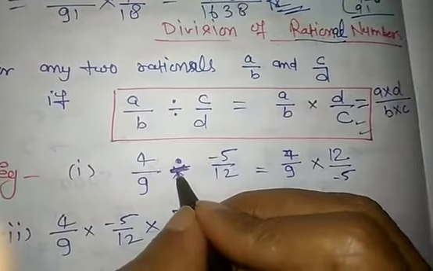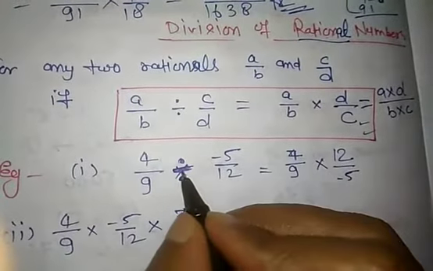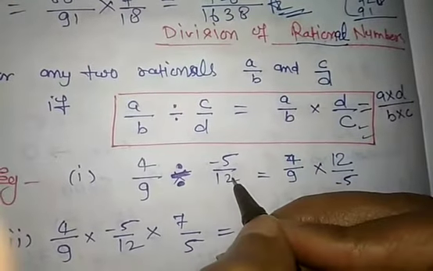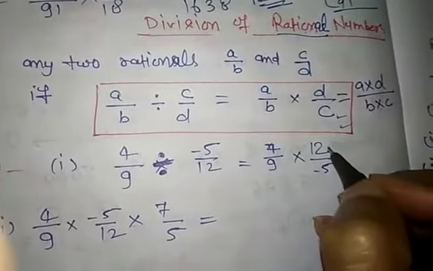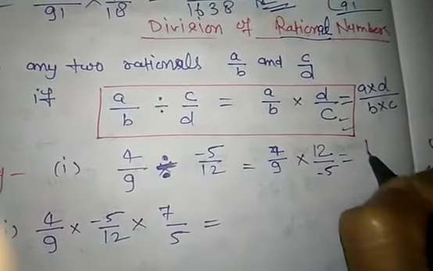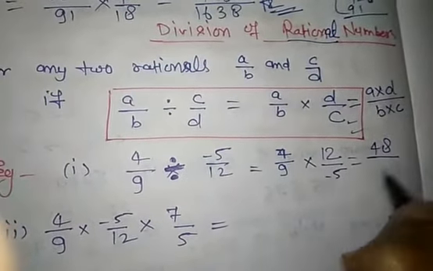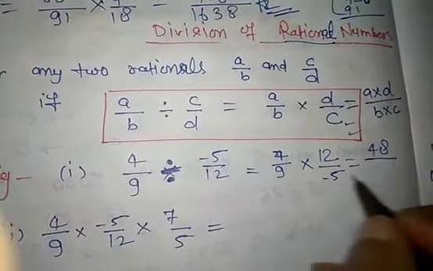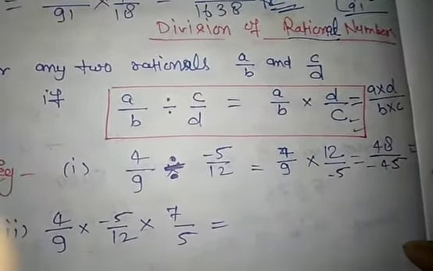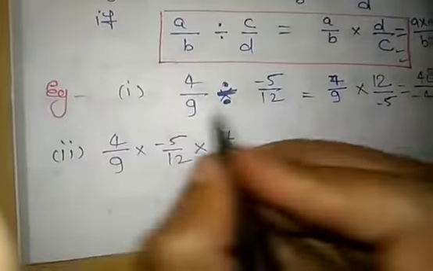When we change the sign of division, then the denominator and numerator interchange. So we get 4 into 12, we get 48, and 9 into minus 5, we get minus 45. This is your answer.